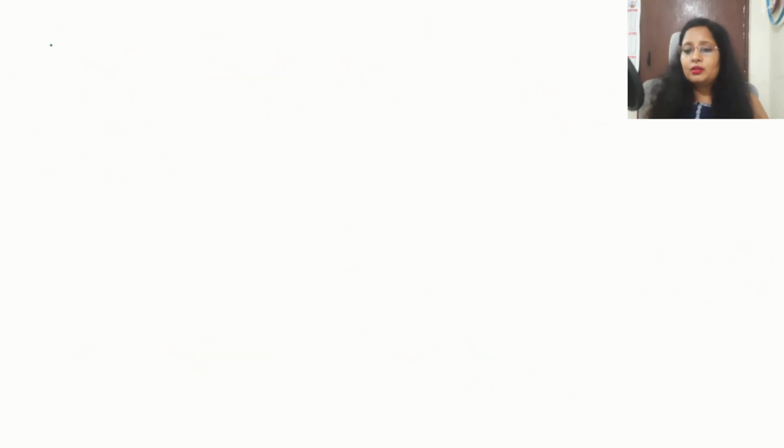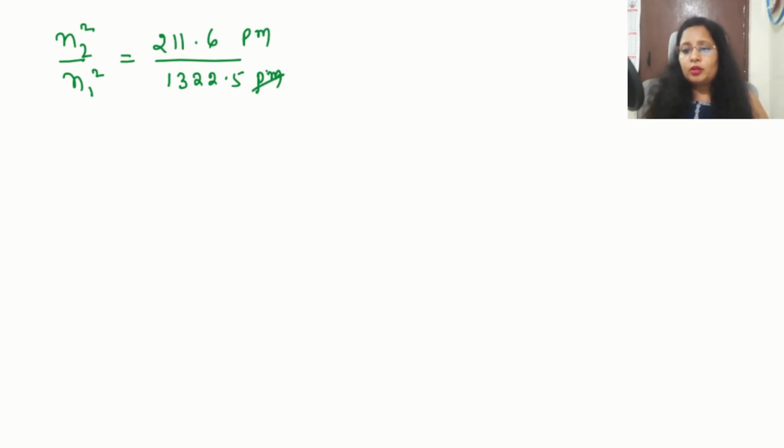So n2 square upon n1 square is equal to R2 upon R1. R2 value we got is 211.6 upon R1, which is 1322.5. Now this is picometer and this is picometer, so picometer and picometer cancel out. Now we calculate and we get the value 0.16.